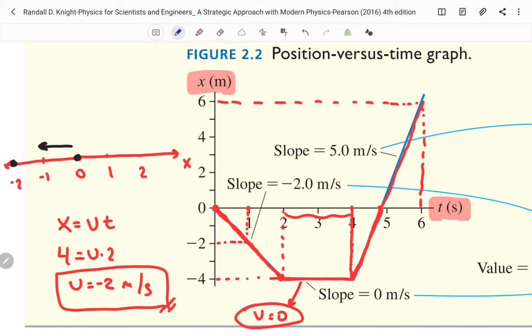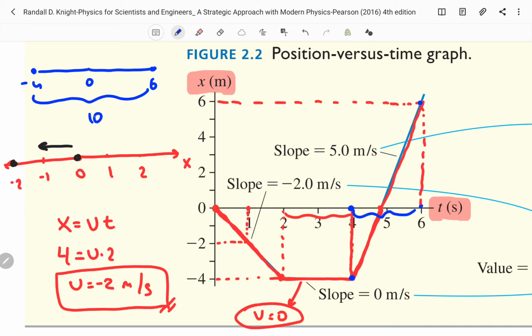So let's consider the time interval between 4 seconds and 6 seconds. Here and here, the time is 2 seconds. What is the change in position? Initial position was -4, then becomes 6. So how many meters did it move to the right? -4 is here, here we have 0, for example, and here we have 6 meters.